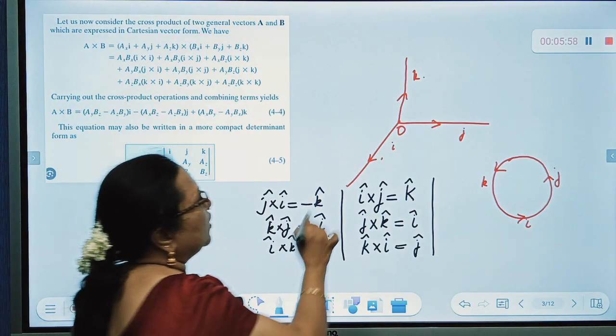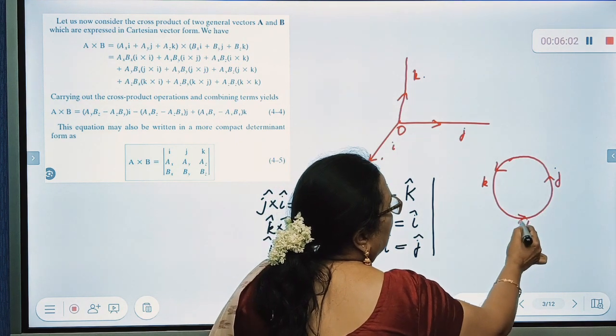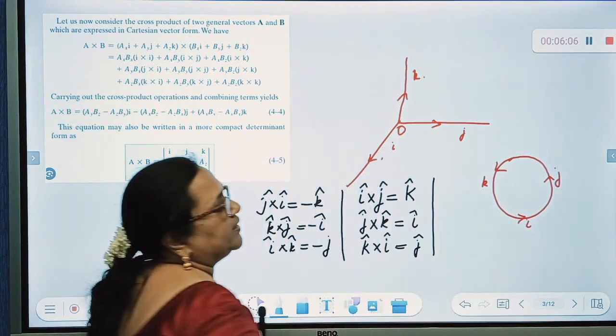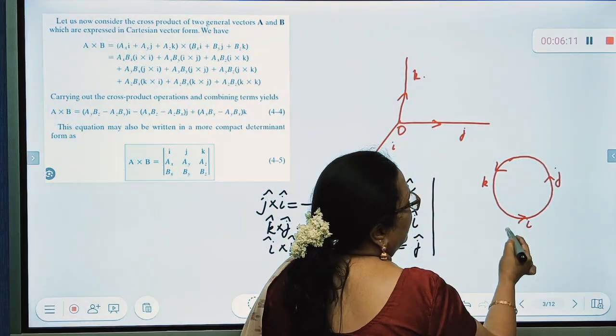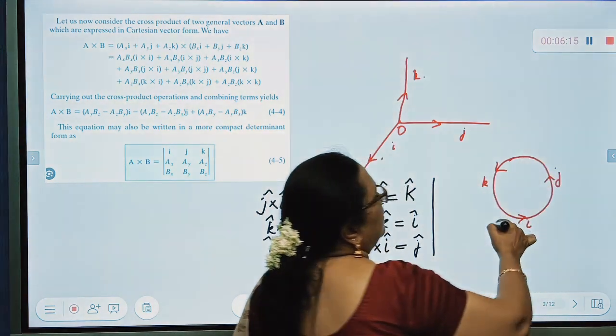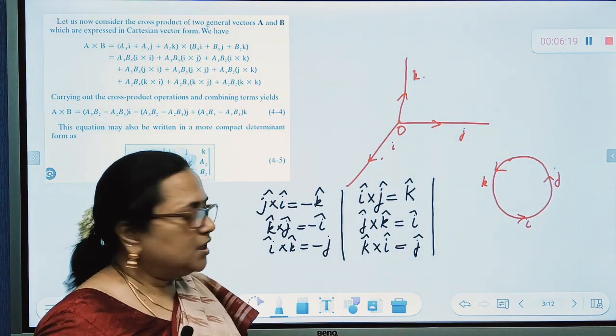So this is something you can remember with these figures. That is why I drew a circle so that you can remember. So i cross j is k. K cross j is minus i. So if I go in this direction, clockwise, it will be minus i. If I go in this direction, anti-clockwise, i cross j will be k. Is it clear till now?